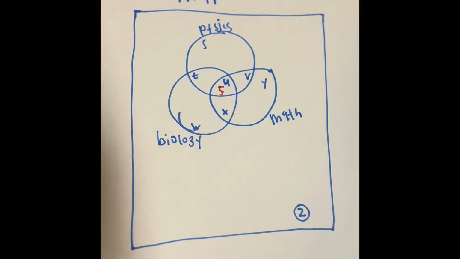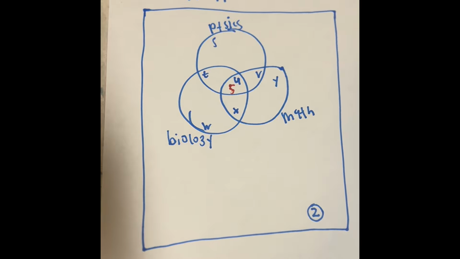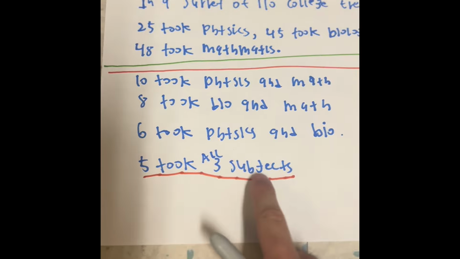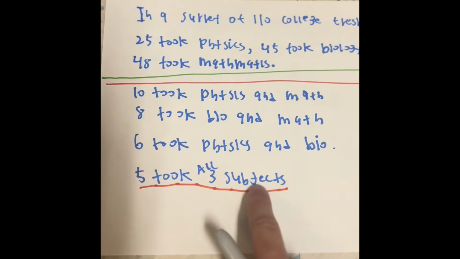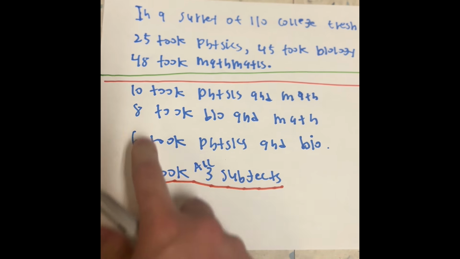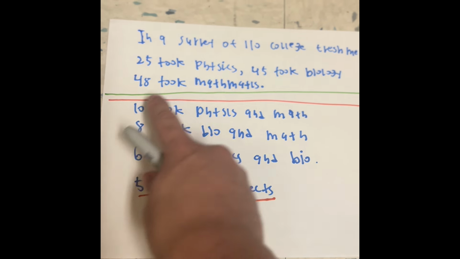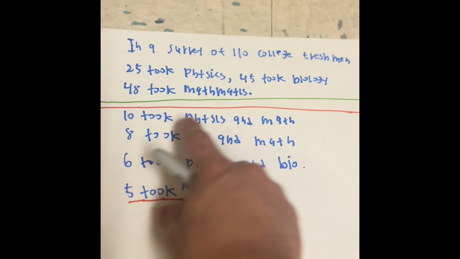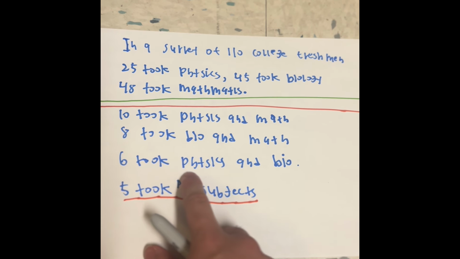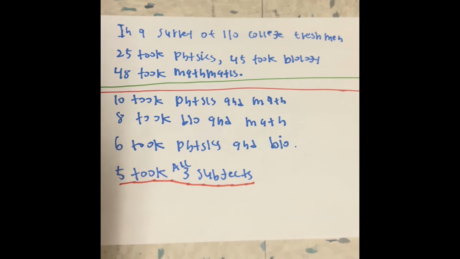This is going to be very, very helpful because if we know that 5 students took all of the 3 subjects, that means that we can use the number 5 to look for how many of the 10 took physics and math, how many of the 8 took bio and math, how many of the 6 took physics and bio.